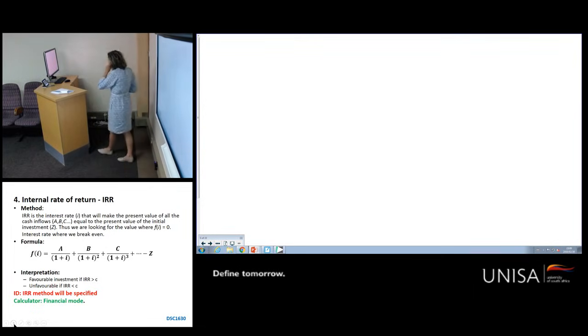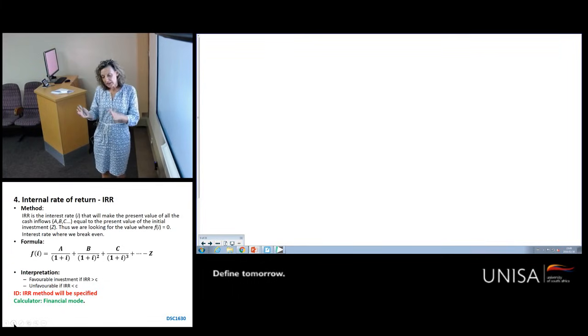Now, what is the internal rate of return? The internal rate of return, if we put it in terms, is that rate that if we move our inflows to now and we compare it to the outflow, so it's almost like the net present value, but remember, we moved all those present values back in time using the cost of capital.